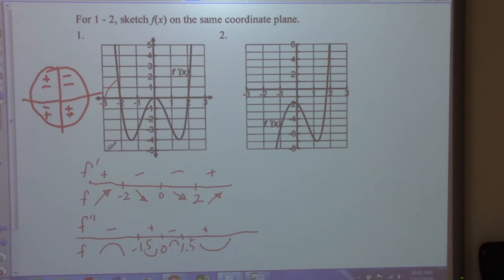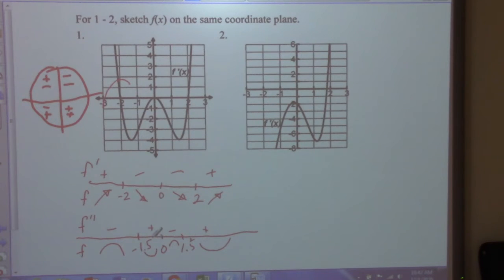It has a concave down shape. It is still increasing. And what happens between negative 2 and negative 1.5? Negative over negative. So it's going to be this looking piece here, right? So we go over here to negative 1.5.